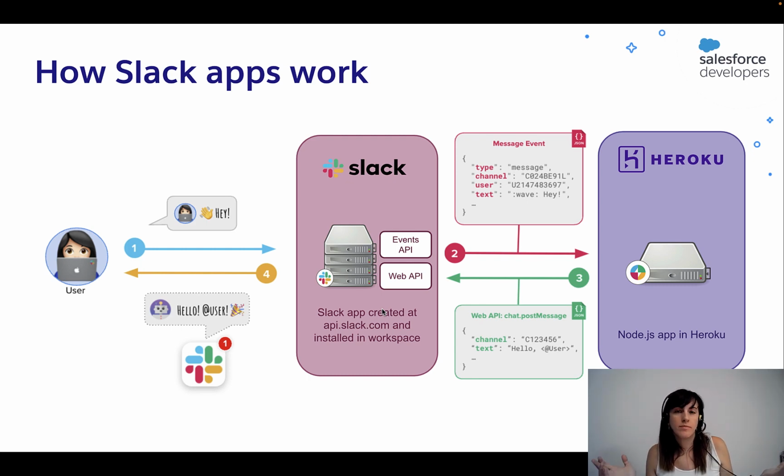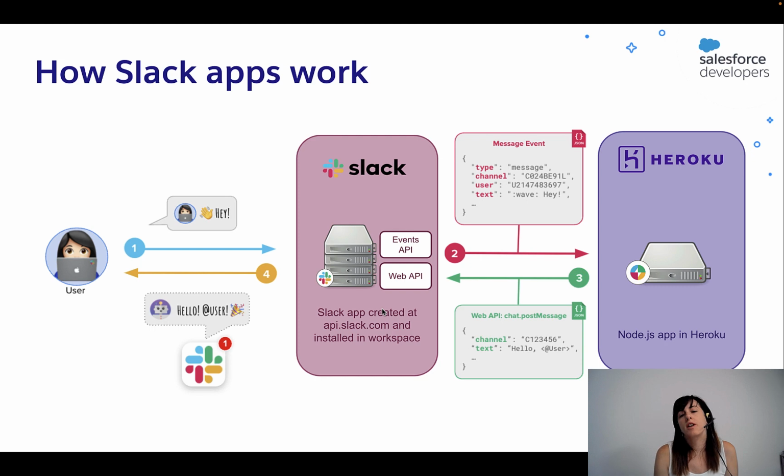In our case, some actions that we do are, for instance, sending the travel approval request that we retrieve from Salesforce, or showing a modal when the travel approval request gets created, right?